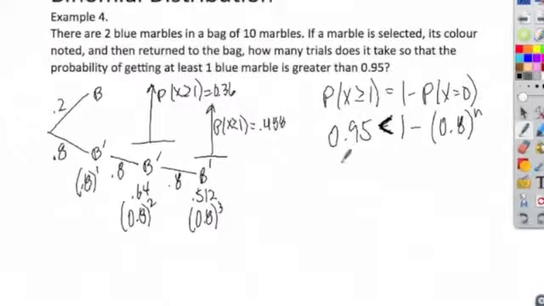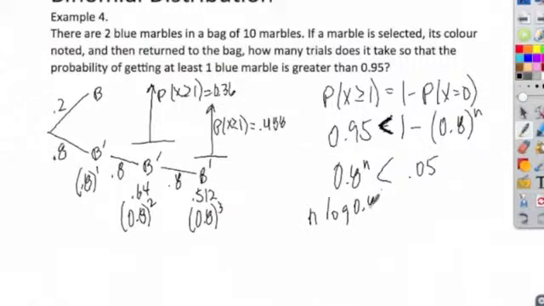I'll move things around, so we'll have 0.8 to the n less than 1 minus 0.95, which will be 0.05. And using logs to solve, we'll have n log 0.8 less than log 0.05.